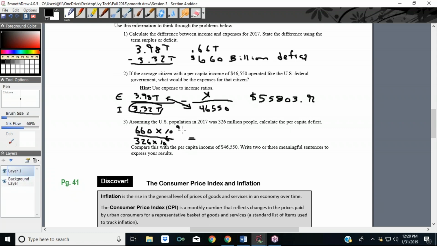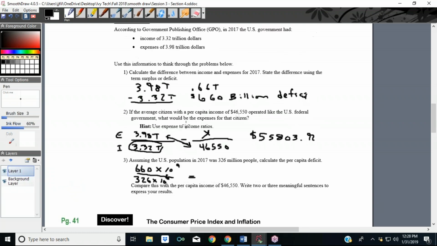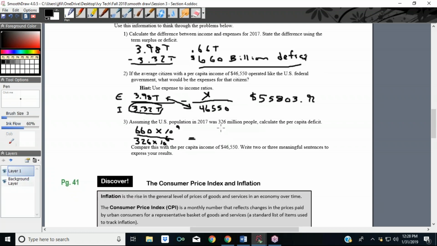Oh, yeah, the 10 to the 9th came because the 660 billion was the deficit, and billions is 10 to the 9th. And then the 10 to the 6th came because that was representing millions of people.